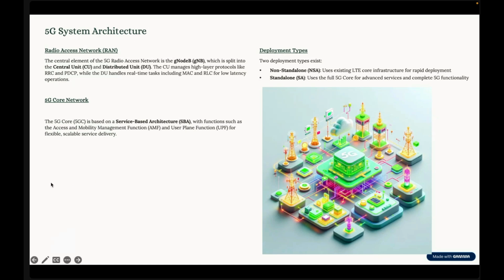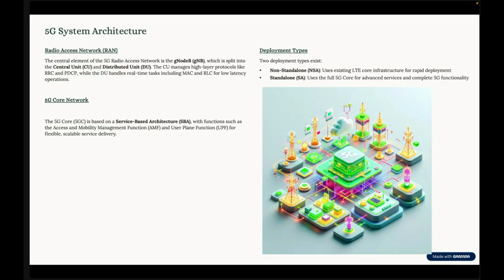Talking about deployments, how is 5G technology being rolled out in the market? There are two modes for it: standalone as well as non-standalone, SA or NSA in short. What is the basic difference between SA and NSA? In the standalone deployment, the core part, basically the brain of the network, will be completely 5G based.